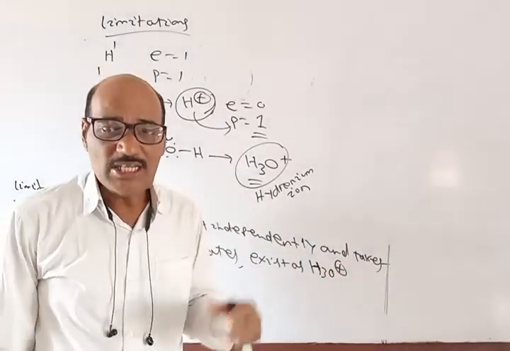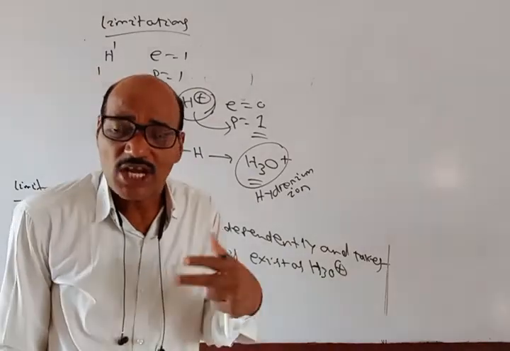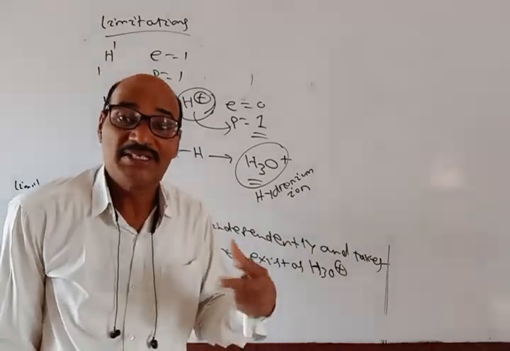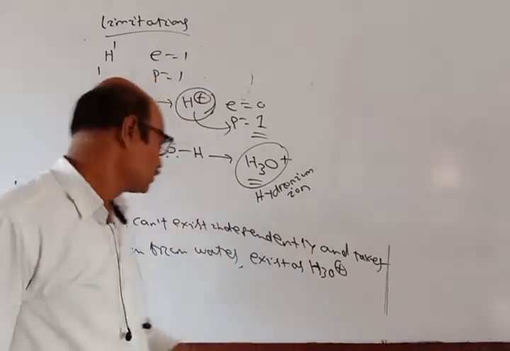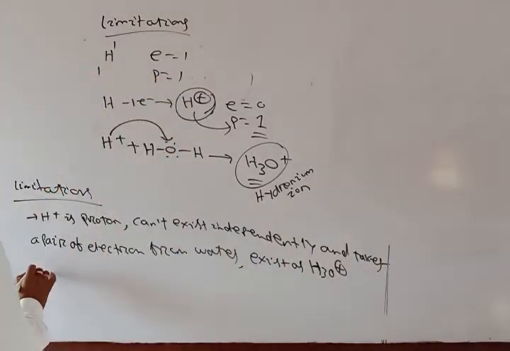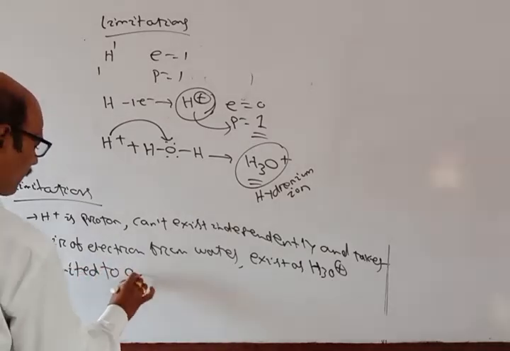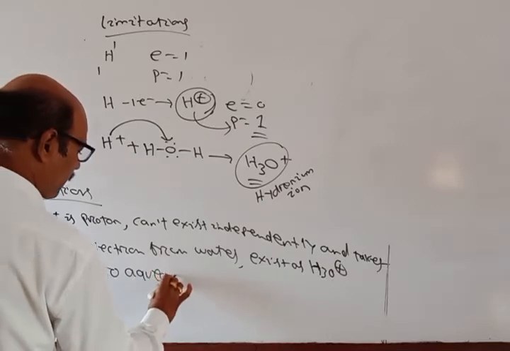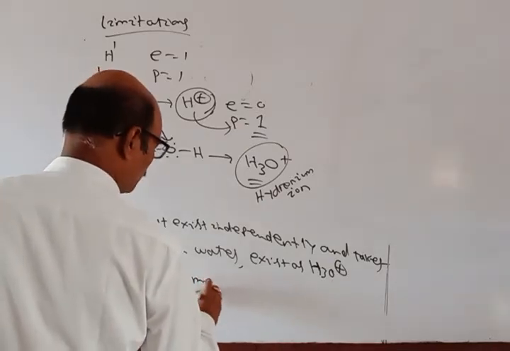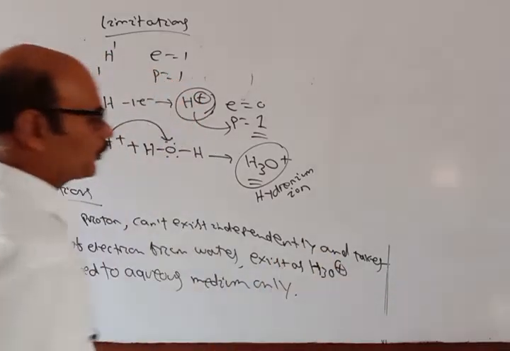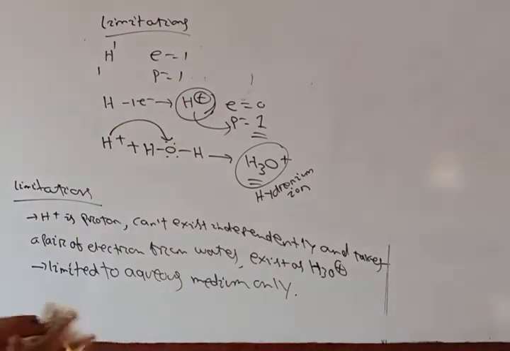So if a substance is not dissolved in water, then we cannot define whether it is an acid or base. So these are the limitations of Arrhenius theory.